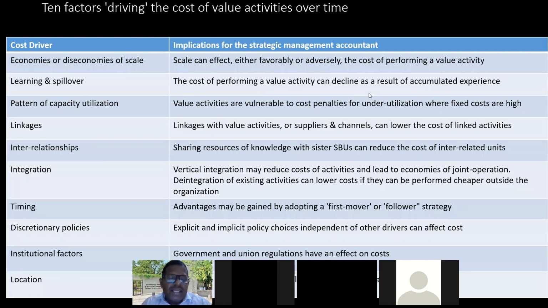Whether you produce 10 items or store 10 items, whatever the capacity used in that particular asset, you have to pay the cost. So it's another kind of value driver. The pattern of capacity utilization is much more important. In such a situation, the higher the turnover, the better the position.